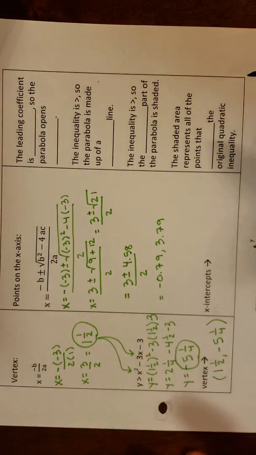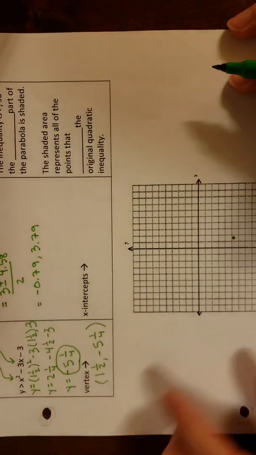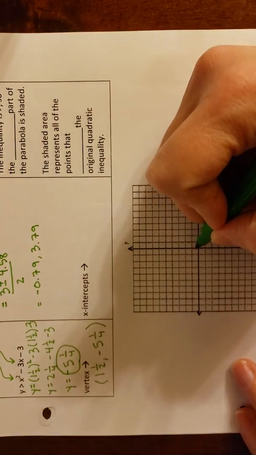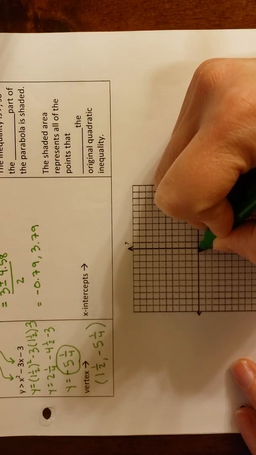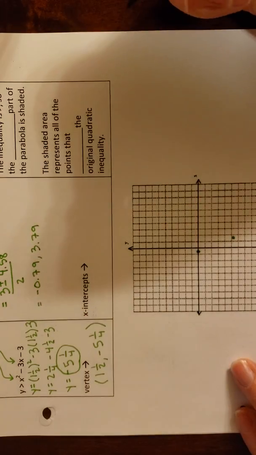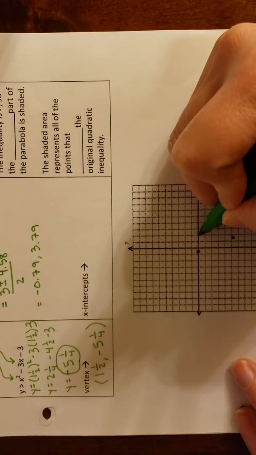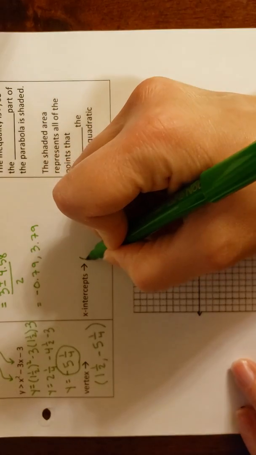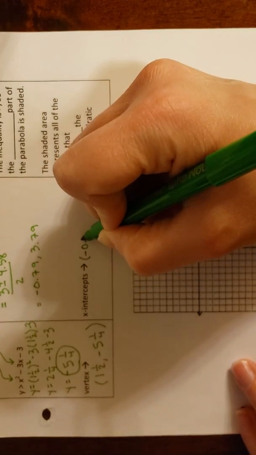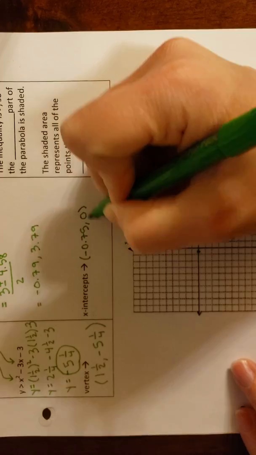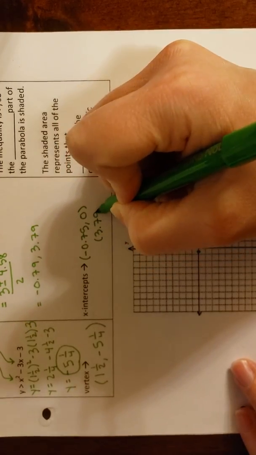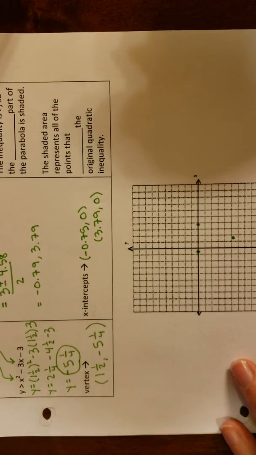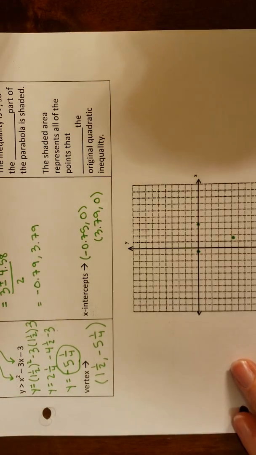So this is where the parabola is going to intersect at negative, so about 3/4, and at 1, 2, 3, about 3/4, because these make coordinates. This one and that one. Okay, but notice that I have not put a line there yet to connect the dots.